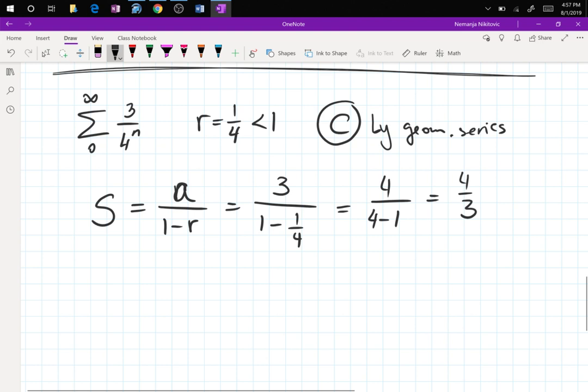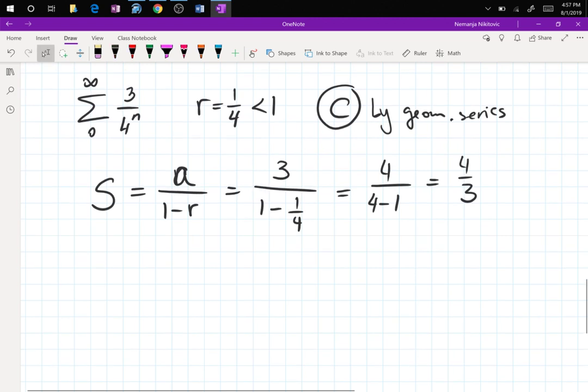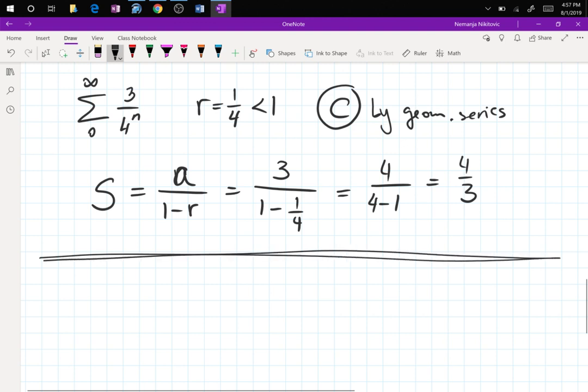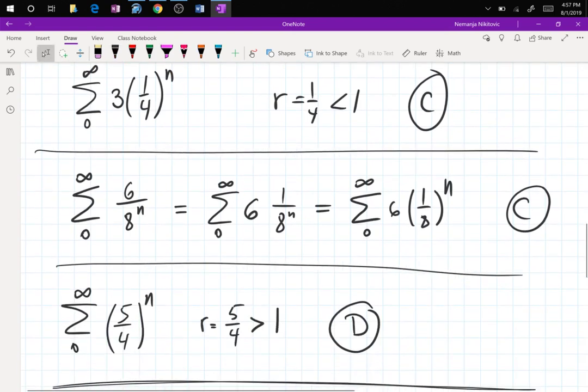Great. So we have seen 4 problems. They were really straightforward if you know the theorem, the test.